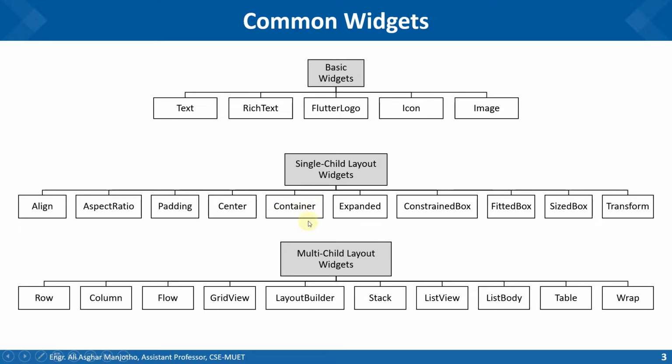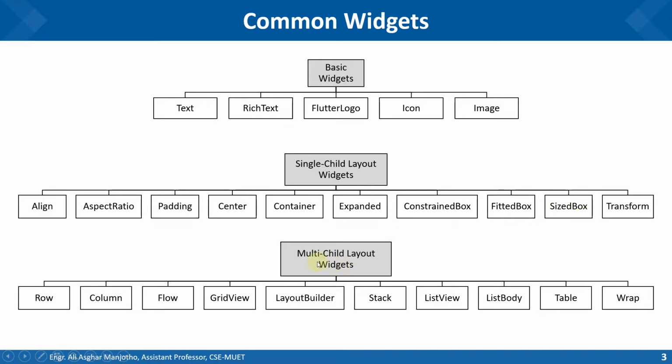The container widget represents a single child layout widget that may contain some other widget, and there are a number of properties you can set, such as padding, margin, color, border, decoration. Many things you can provide there. Then you have the expanded widget, which will expand the child widget to allocate the entire available space. Constraint widget, fitted box, size box, transform, and some other widgets there.